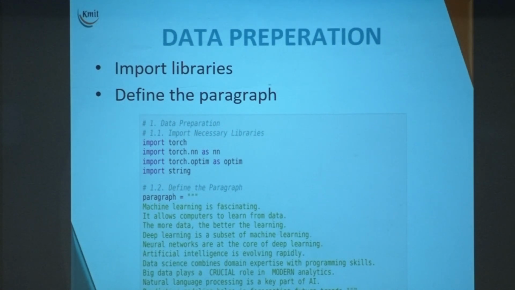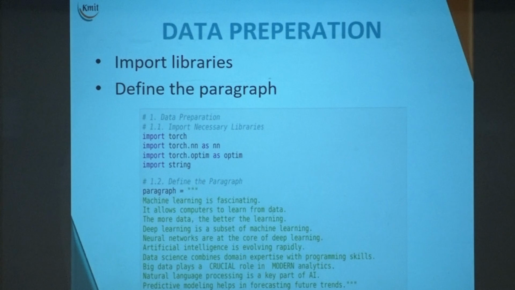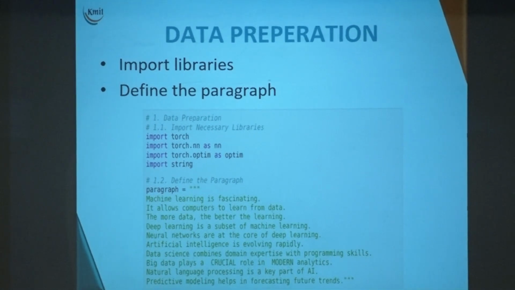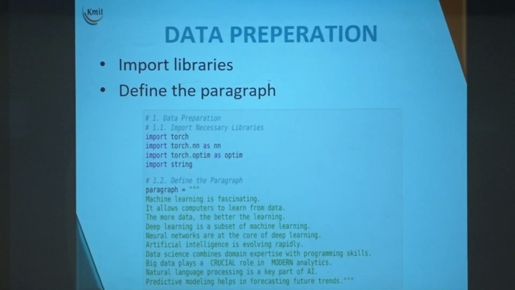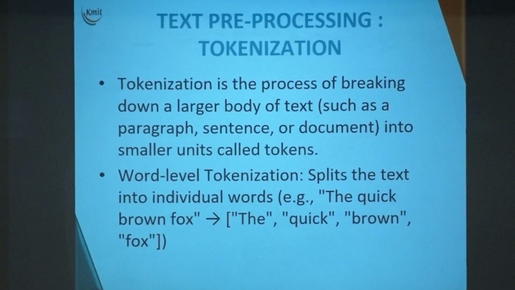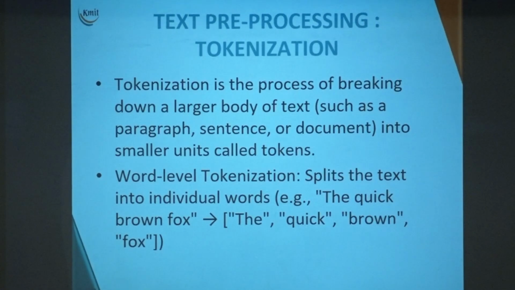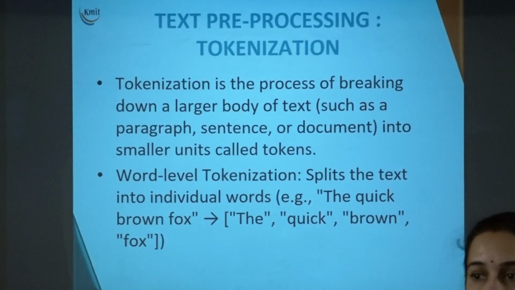So we are going to take this text. Like this, in an exercise, you will be given certain text where you would like to start with pre-processing. I am going to quickly tell you step by step what you are going to do. First is importing the library and then taking the data, defining your data. Then the first thing I am going to take care of here is tokenization.